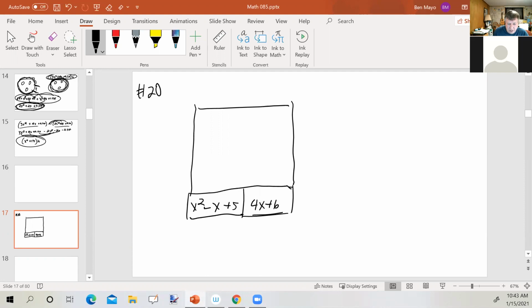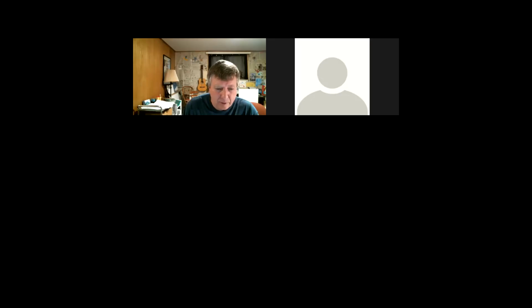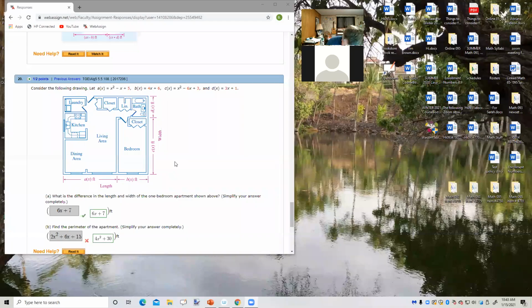Now, let's go back and look at the other side. This was called the length. And then over here, we've got the width, and we've got c of x plus d of x.